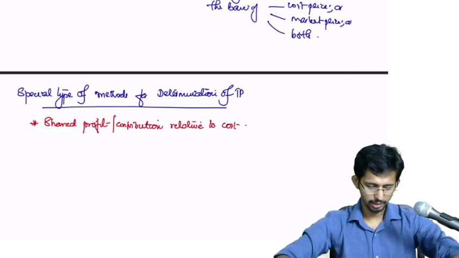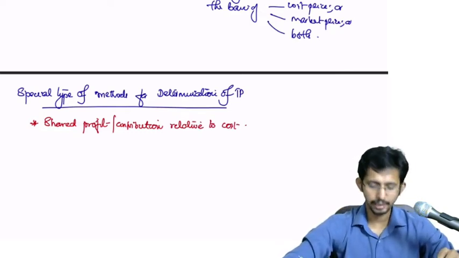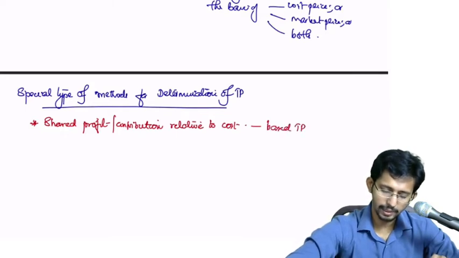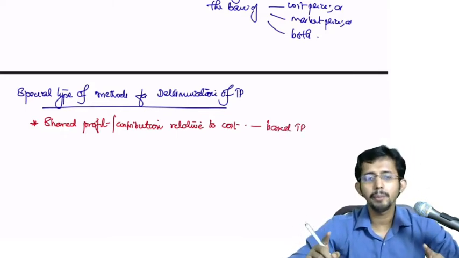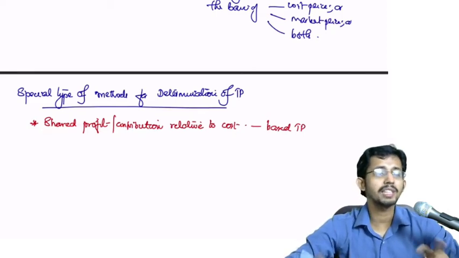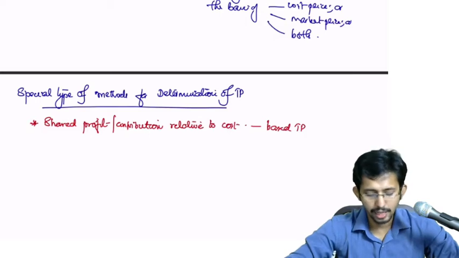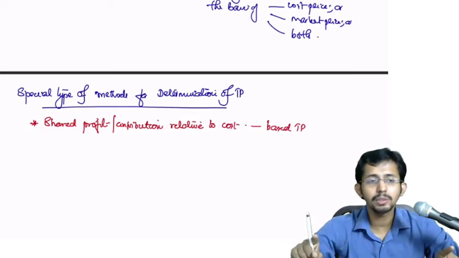Shared profit or contribution relative to cost based TP. So here the TP will be computed based on shared profit or shared contribution. How to share the profit or the contribution? It is relative to the cost.